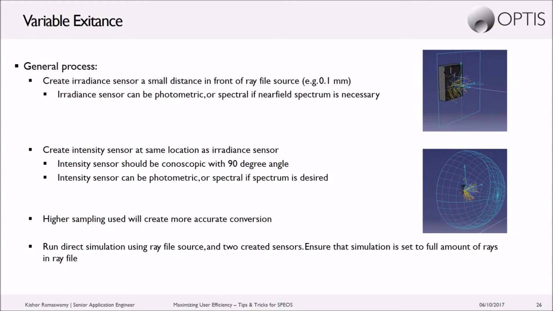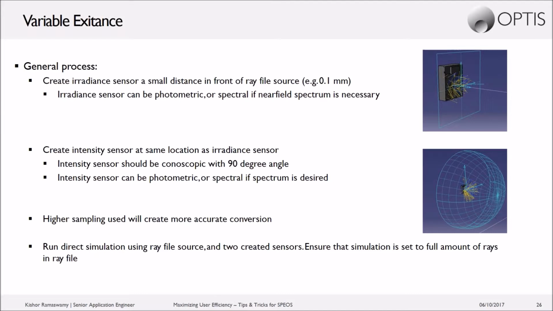We then put an intensity sensor at the same location, and this is going to capture the distribution of the light, so how the light goes in different angles coming off of this surface. Again, we can do photometric or spectral if you're trying to capture the color as well as the intensity. The higher sampling you use on each one of these sensors, the more accurate the conversion will be, but you'll of course require more rays in order to run that initial simulation.